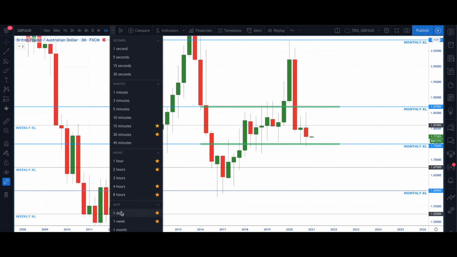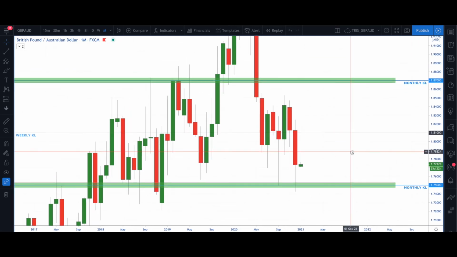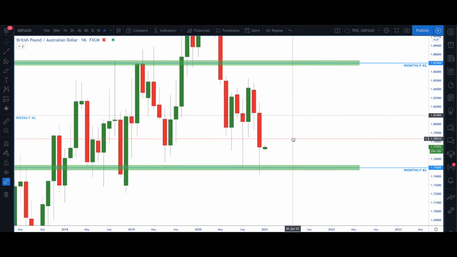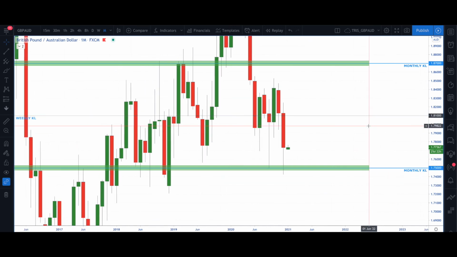So if I drop down now to a monthly chart, we can see that December 2020 closed above 1.75, rejected this level. However, we are trapped between 1.75 and 1.81 at this moment in time.